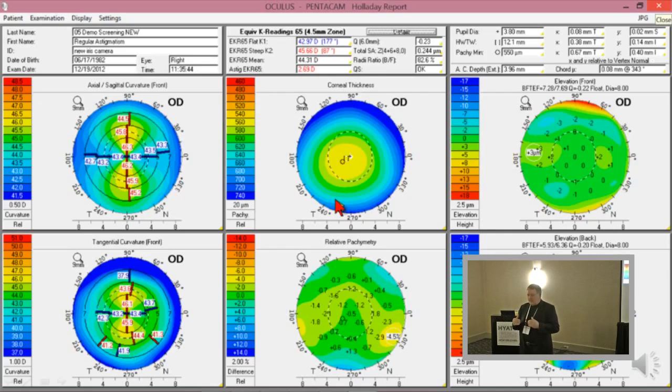It takes it, and if it comes out to be the true net power when we measure both the front and back surface, the EKR 65 adjusts it so that it gives you back a K reading, but compensates for the abnormality in the back surface of the cornea.